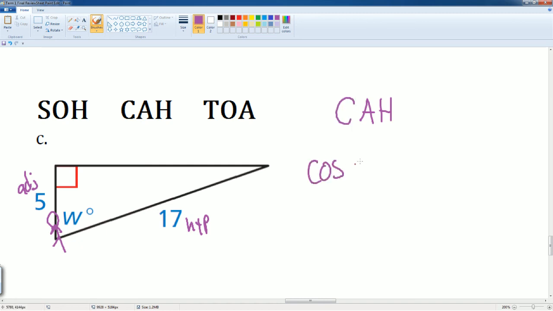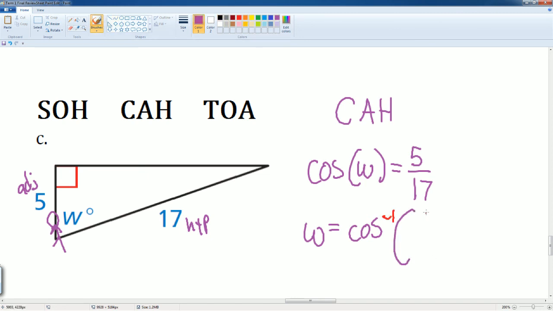So cosine, the angle here is angle W, is equal to adjacent, which is 5, divided by H, which is your hypotenuse, which is 17. We want W, so W is equal to the cosine inverse, parentheses 5 over 17. All right, so there you go. That's it.